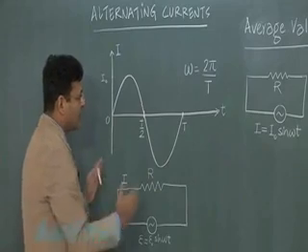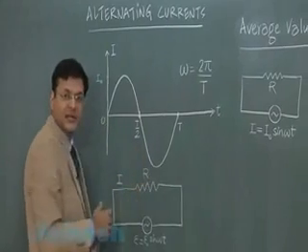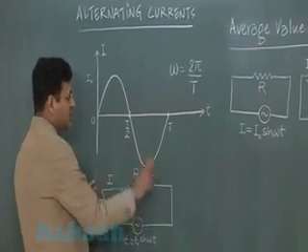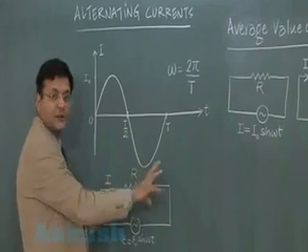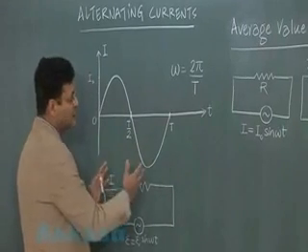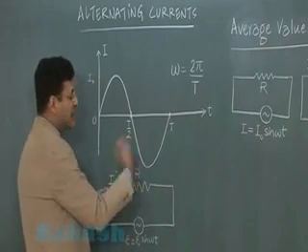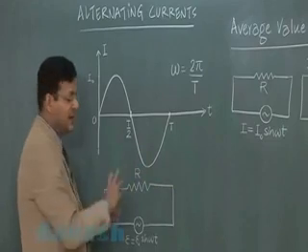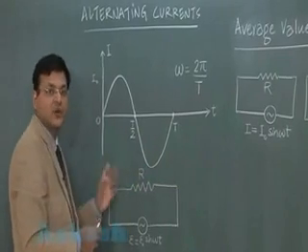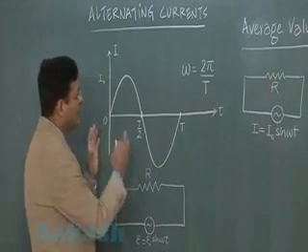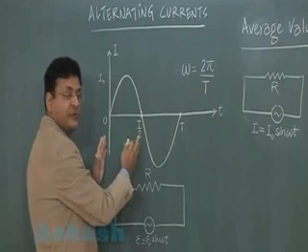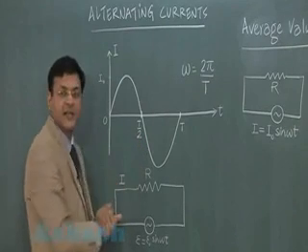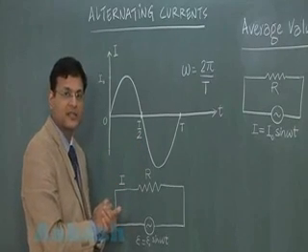Therefore, if we talk about charge flow in one whole cycle, the amount of charge that flows in the first half cycle in the left to right direction, the same amount of charge will be flowing in the other half cycle in reverse direction, and net charge flown over a cycle will become zero. Therefore, to define average value, we concentrate only on the half cycle of any particular alternating cycle.